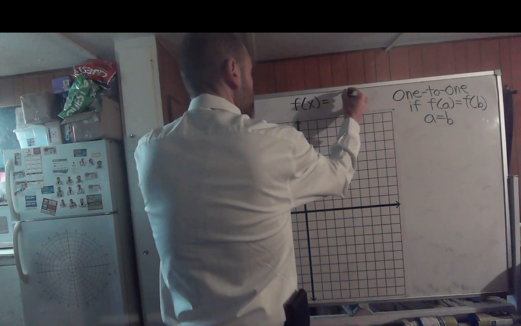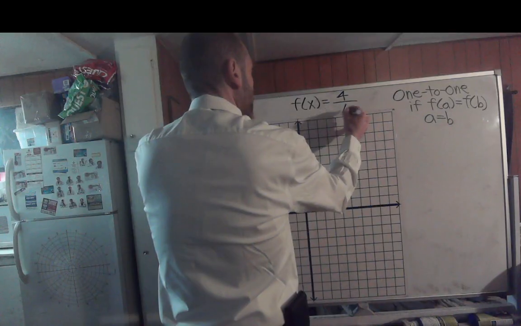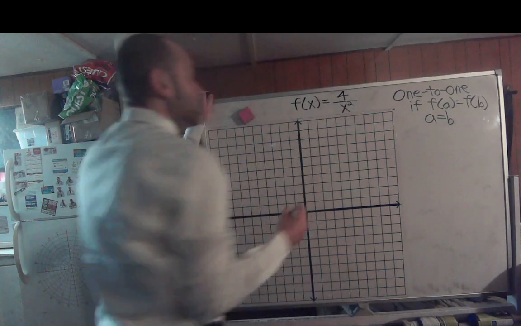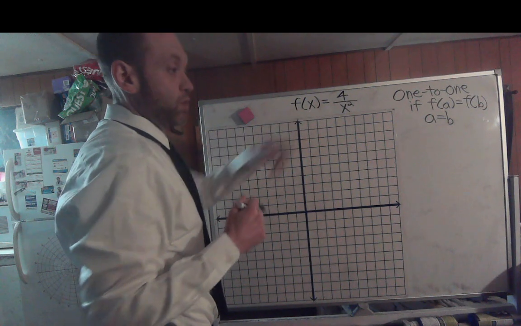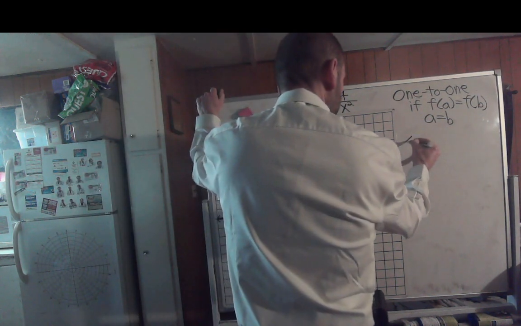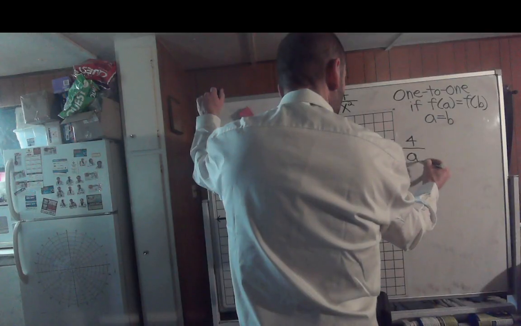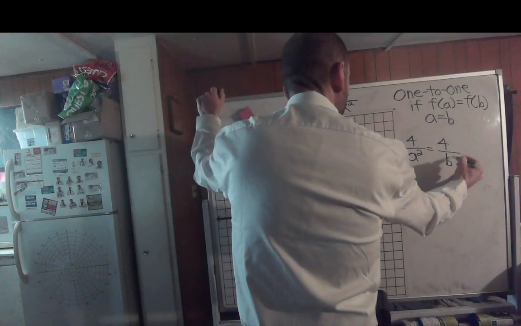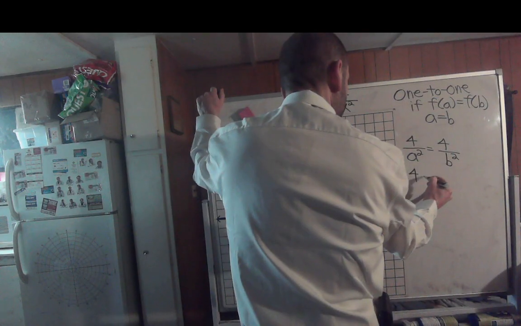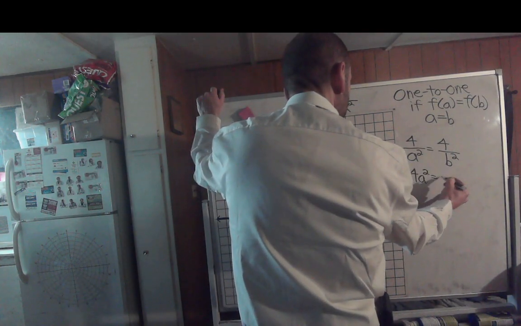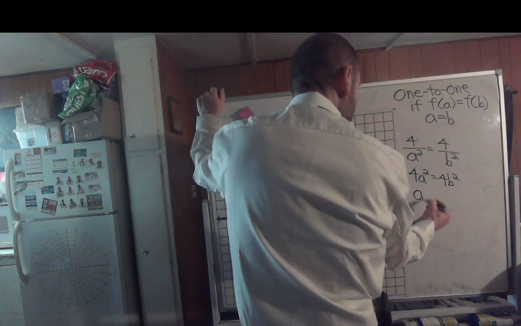Now how about this one? F of x equals 4 over x squared. So this would be 4 over a squared would equal 4 over b squared. Okay, so you cross multiply, you would get 4a squared would equal 4b squared, which would give you that a squared equals b squared.